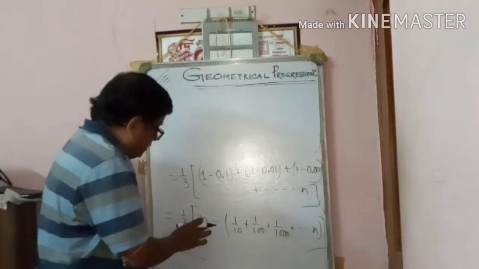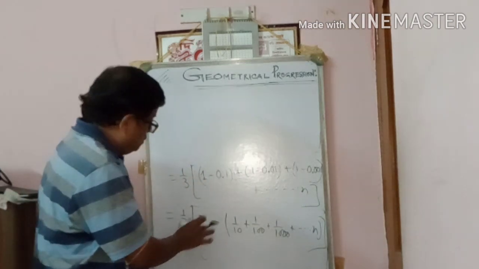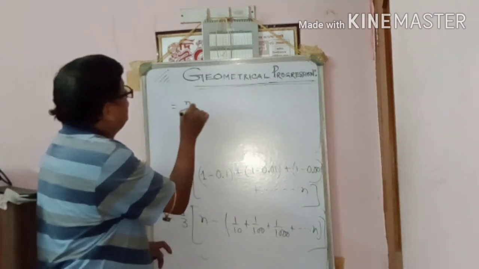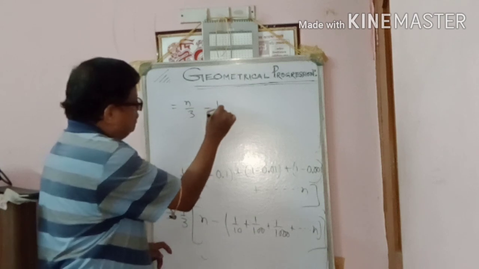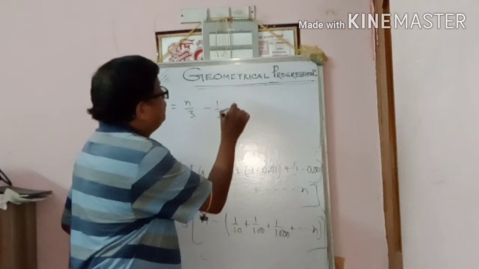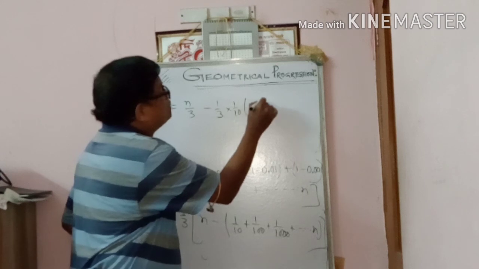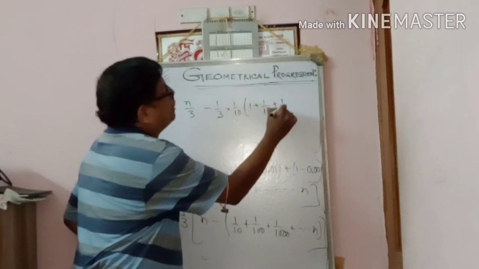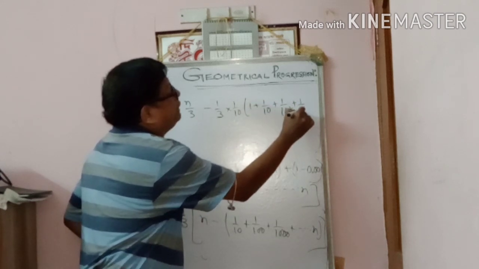So it will be n by 3 minus 1/3. Here take 1 by 10 common: 1 plus 1 by 10, 1 by 10 square, 1 by 10 cube.